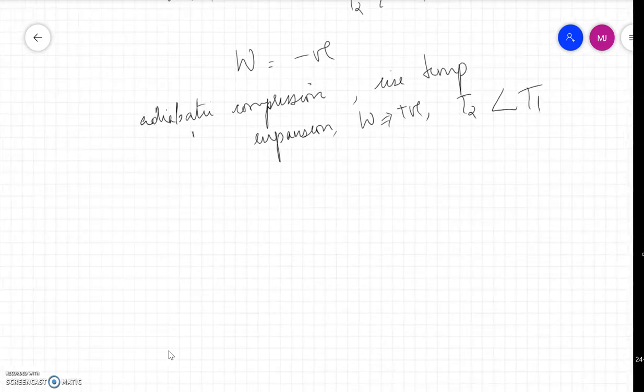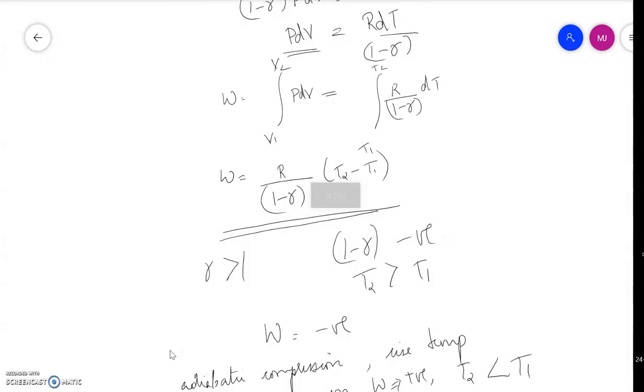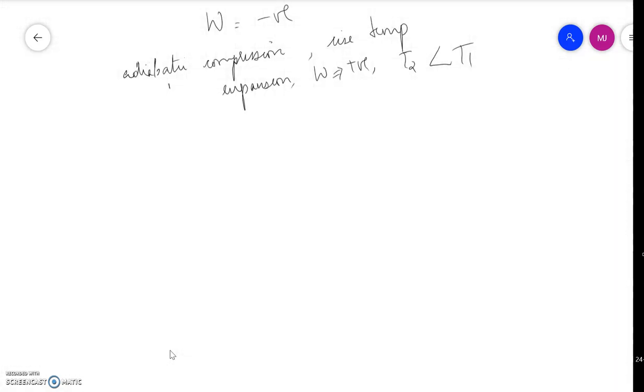Another expression that we can write for work done in an adiabatic process is like this. We know that for an adiabatic process, internal energy dU will be equal to d cross W. You know that dU is actually Cv dT and d cross W is actually P dV.